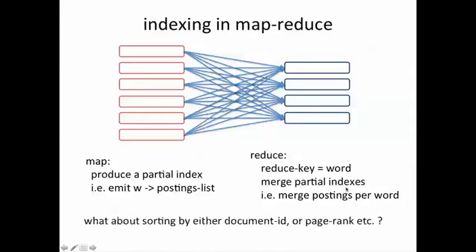An interesting question is, what if you had to sort either by document ID or by page rank as we had in our first homework assignment? What do you think you'd need to do then? Would you need another MapReduce phase? Think about it.